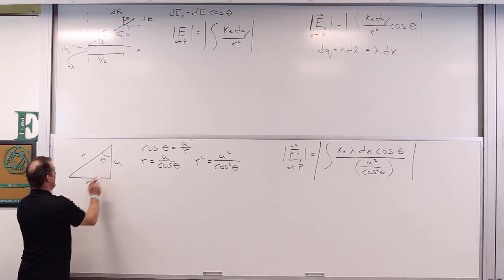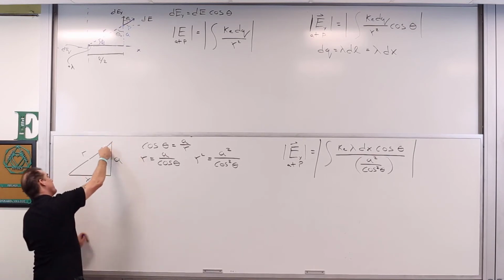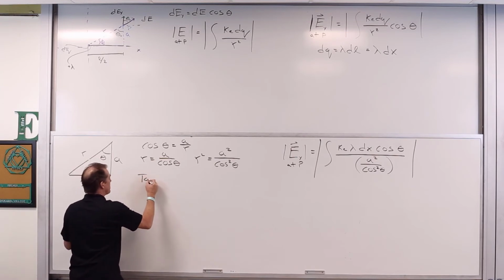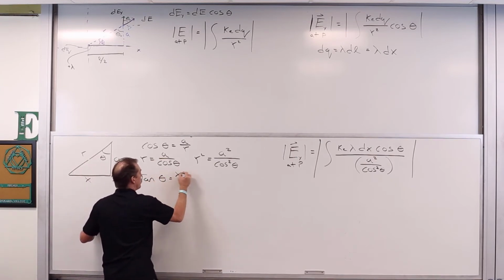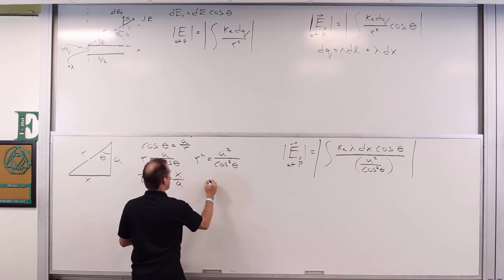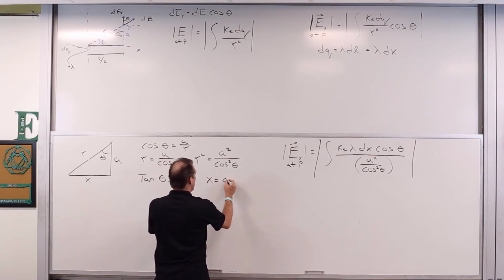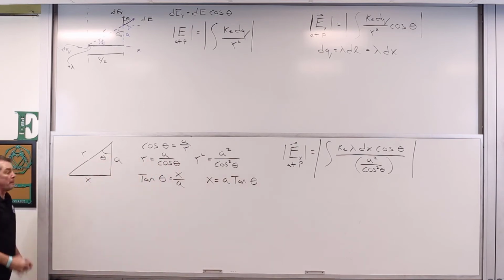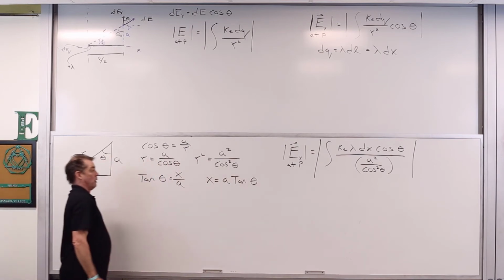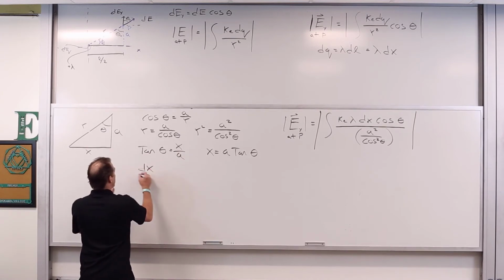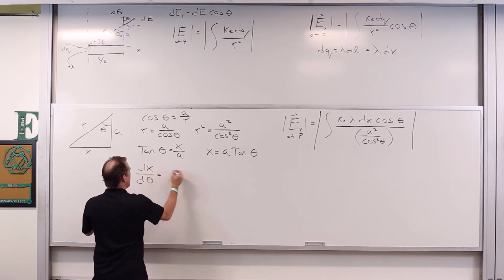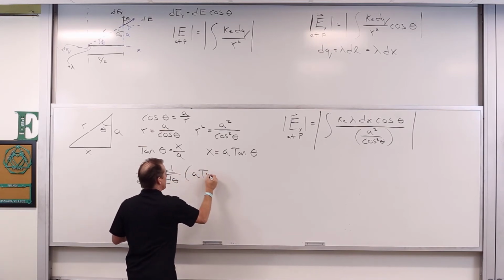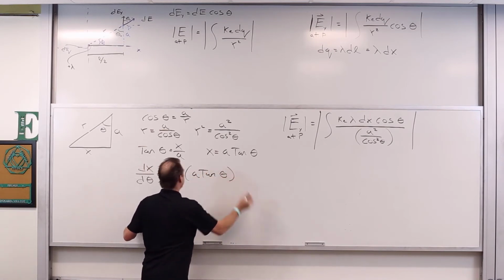A is a constant, and we can say that from this, the tangent of theta is opposite over adjacent, right? So we've got the tangent of theta is equal to x over a, which gives us then that x is equal to a times the tangent of theta. What about dx then? Well, dx by d theta is equal to d by d theta of a times the tangent of theta.